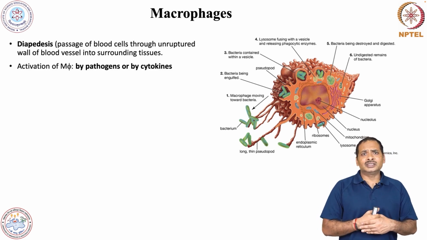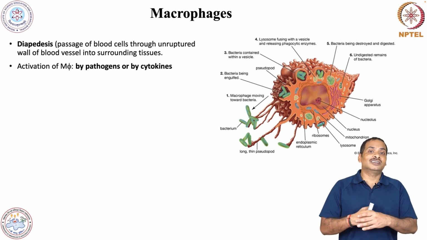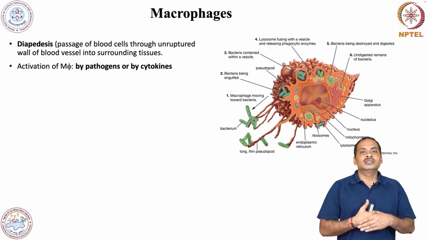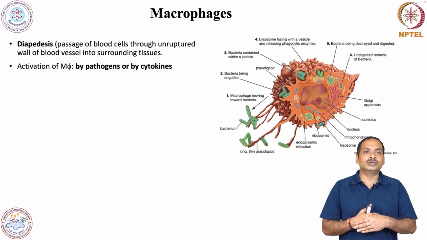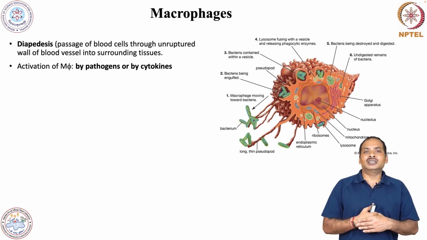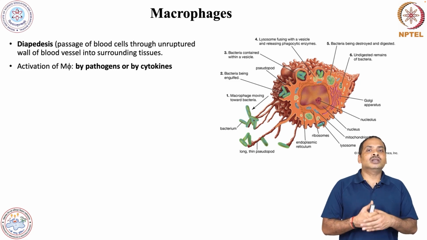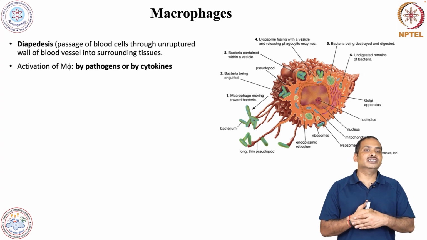Generally, two major states of macrophages are there. One is the resting stage and the other is the activated stage. So, let me explain what activated macrophages are. Activated macrophages show some unique properties. Number one, they produce a lot of inflammatory cytokines. Number two, they can be more aggressively phagocytic in nature.